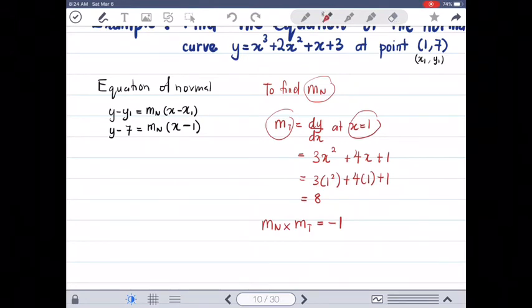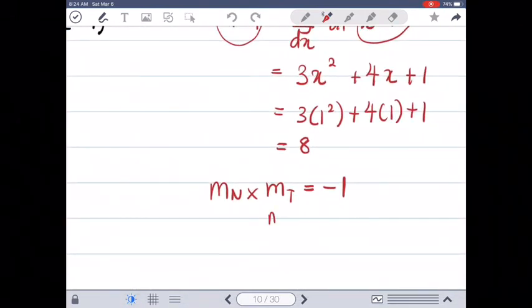When you have two perpendicular straight lines, the gradient of one line times the gradient of the other line gives negative 1. Therefore, mn is equal to negative 1 over mt, which is negative 1 over 8.